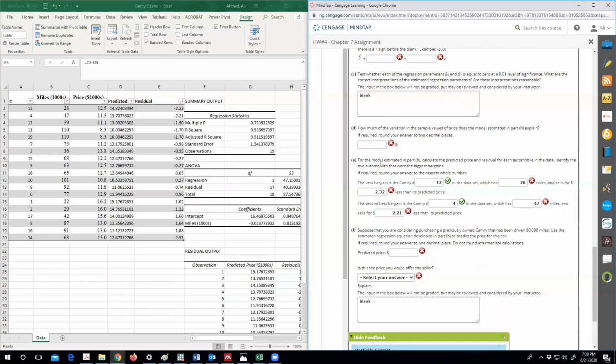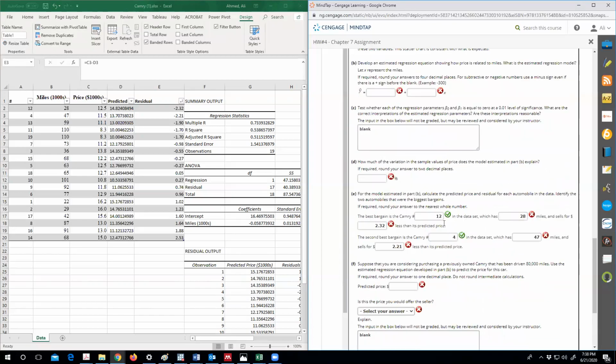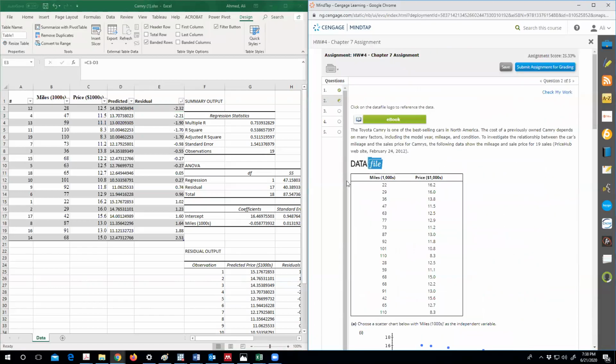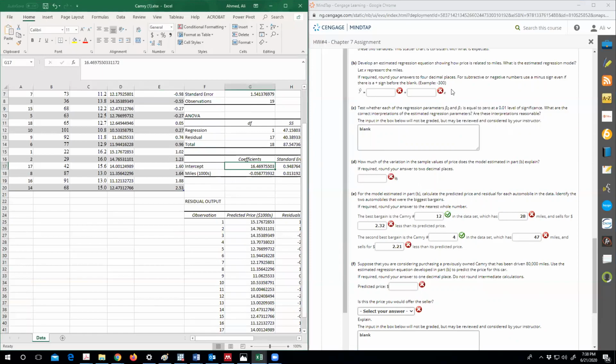For part B, we calculate the predicted value and result for each one. Let's do one by one. I think we should do what's in here. They need 2 decimal places. Okay, so 2 decimal.